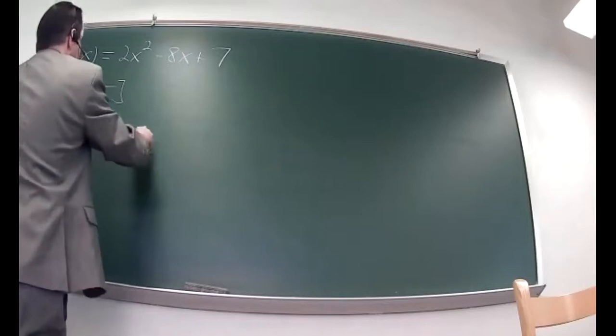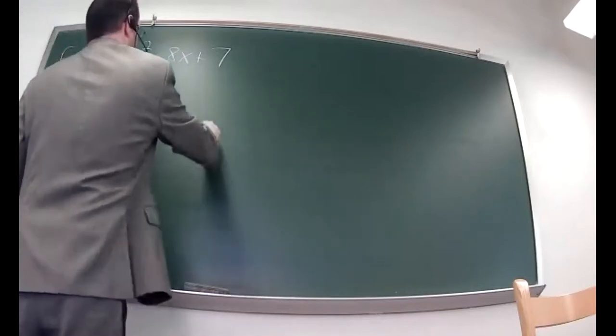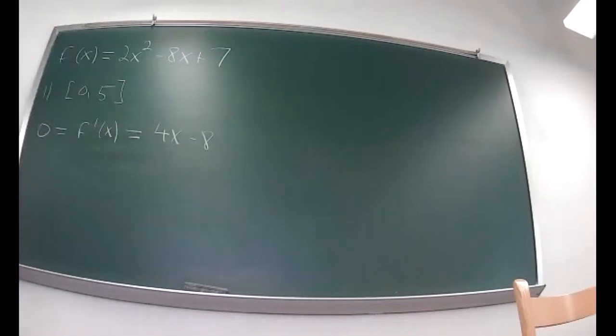So what's f prime of x? It's 4x minus 8, a nice linear function, which makes things simpler. So 0 equals 4x minus 8, so 8 equals 4x, and x equals 2.